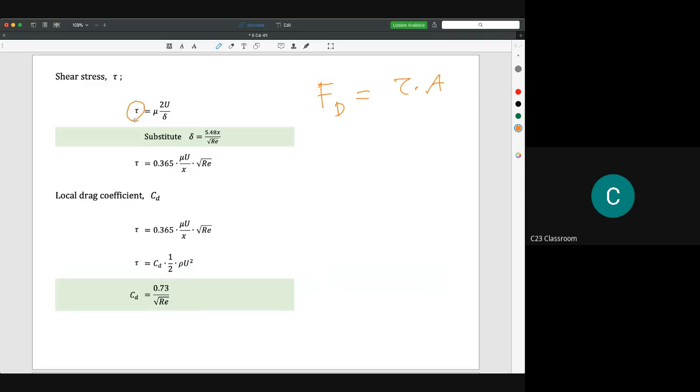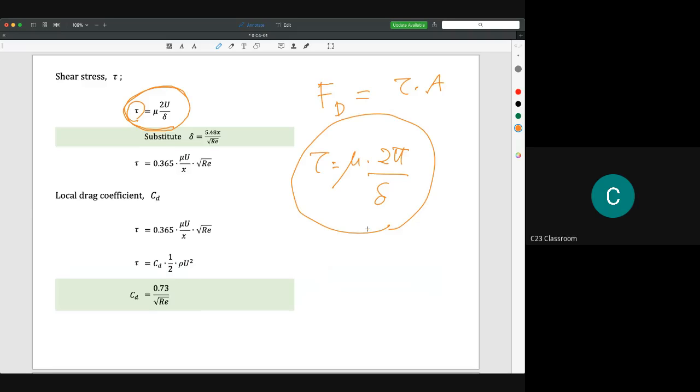But we have two terms of tau. One is from von Karman and one from Newton. So I propose to you to use the shear stress equation from Newton, because you will have tau equal mu U over delta. And this equation is complete, it's an equation we could use.